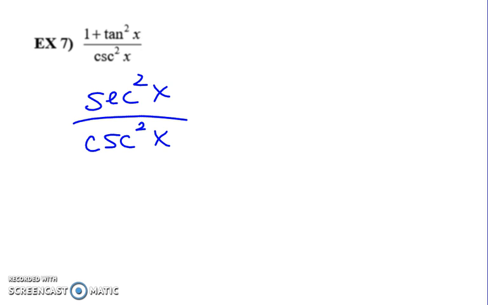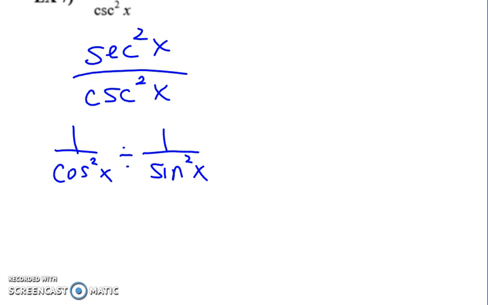So if we were to write them in terms of sine and cosine, we have 1 over cosine squared x divided by 1 over sine squared x. And what happens when you divide? You have to multiply by the reciprocal, so that we get 1 over cosine squared x times sine squared x.